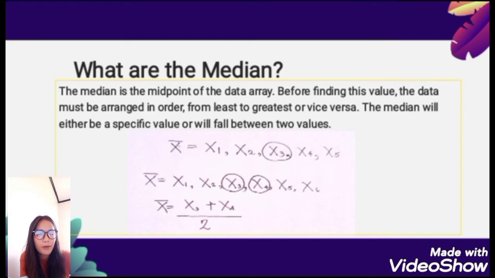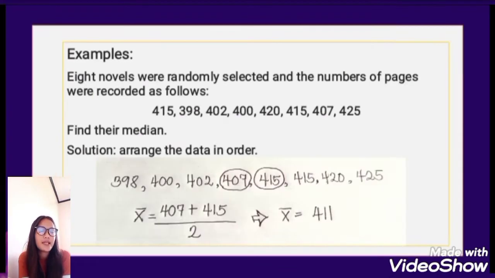Okay, another example. 8 novels were randomly selected and the numbers of pages were recorded as follows: 415, 398, 402, 400, 420, 415, 407, and 425. To find their median, we need to arrange the data in order.